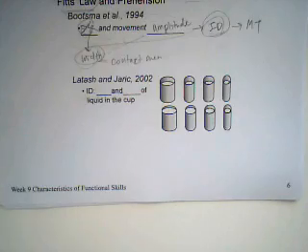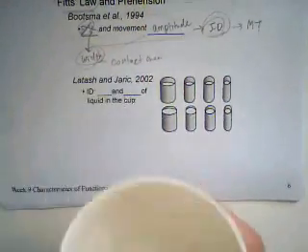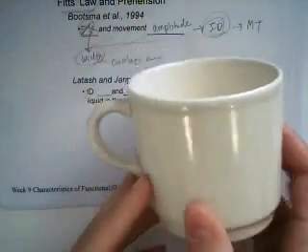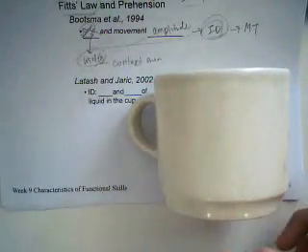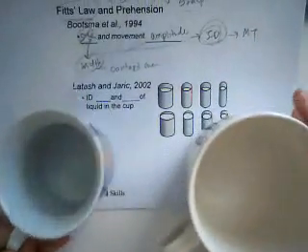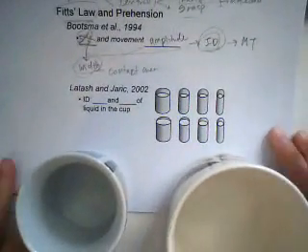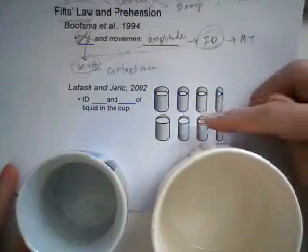Interestingly, Latash and Jarek did a unique study using the mug-cup. So they had different mug-cups. Well, I don't have that many mug-cups, but compare between two. And in their case, they had different levels of liquid in the mug-cup.